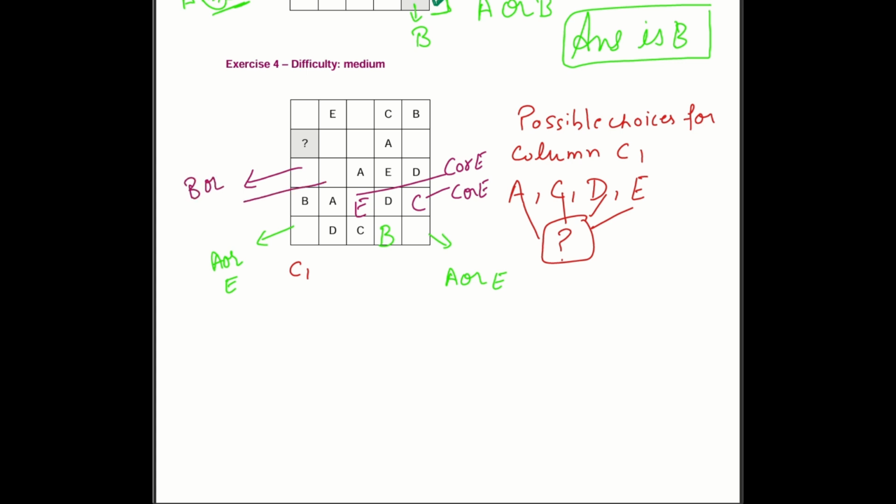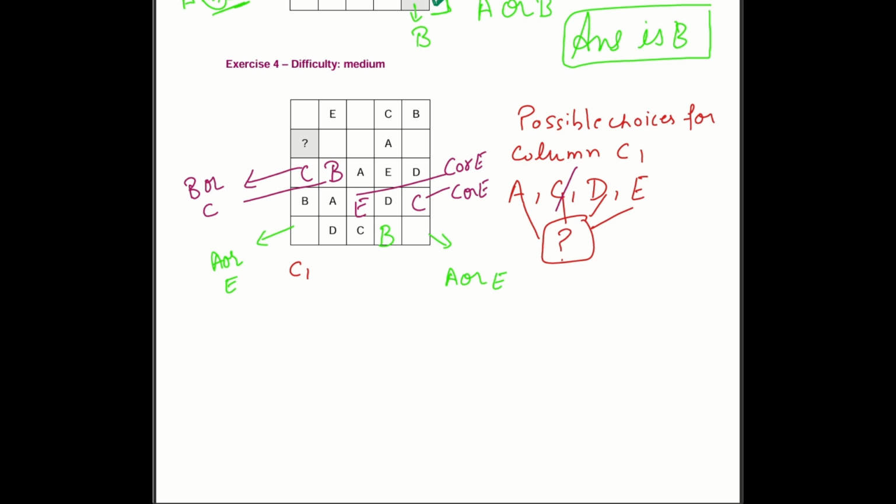Now move to here. The possible choices for both these boxes are B or C. We know that B is already there, so this would be C, this would be B. So C is eliminated.